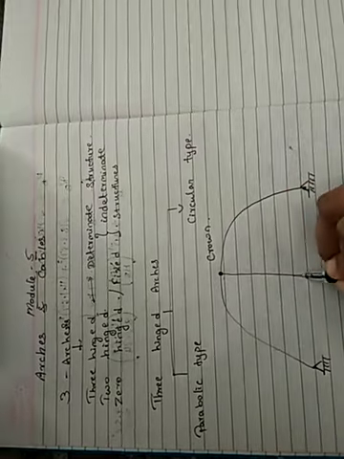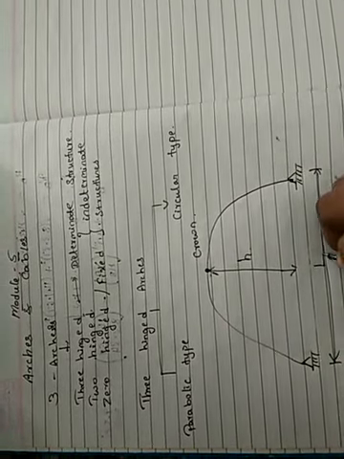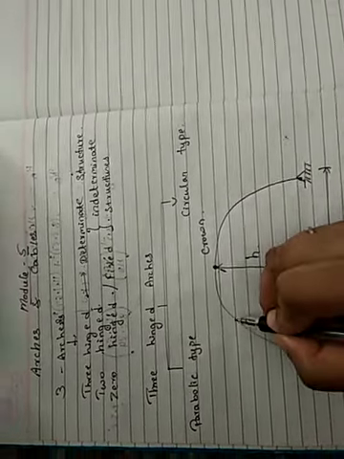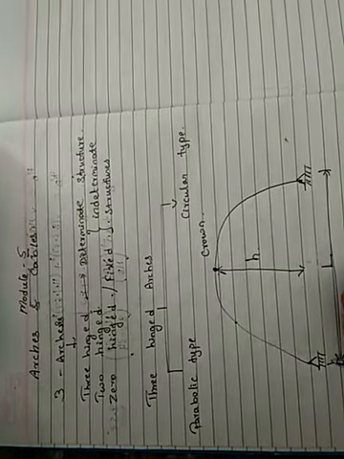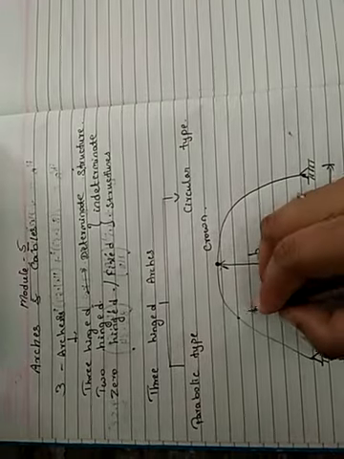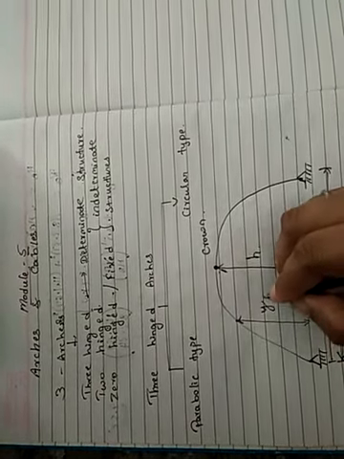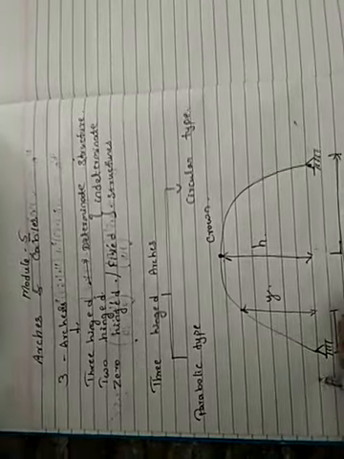This we denote by h, and this is the span of the three hinged arch, L. If I consider a point here at a distance x, with height y, we will name this as ABC.